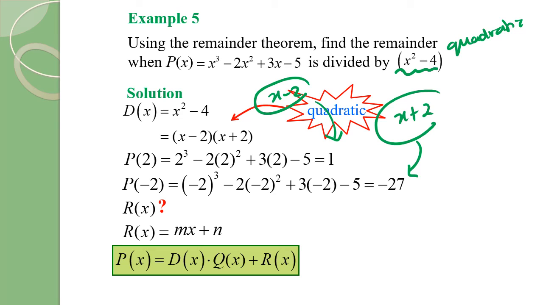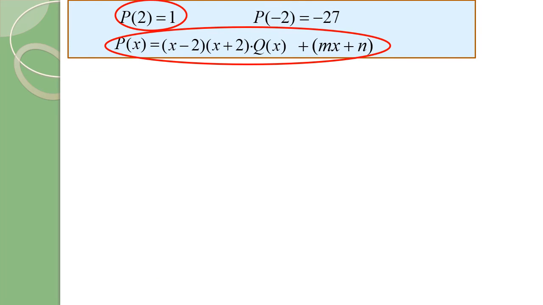So we use this property, P(x) equals D(x) Q(x) plus R(x). So P(x) is equal to (x minus 2)(x plus 2) Q(x) plus mx plus n. How do we find it? We know when x equals 2, the remainder is 1, so R(2) also equals 1.